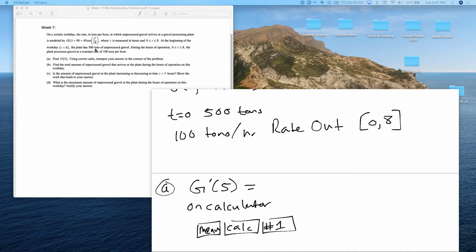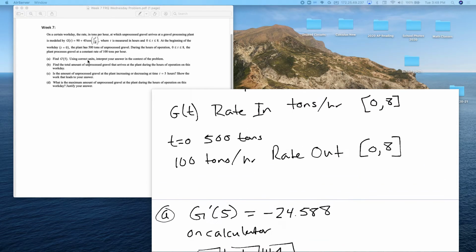And if you get this, you'll end up with negative 24.588. Now, right away it says using correct units, interpret this. So write the units on there. If G of t is in tons per hour, then this is going to be in tons per hour squared.